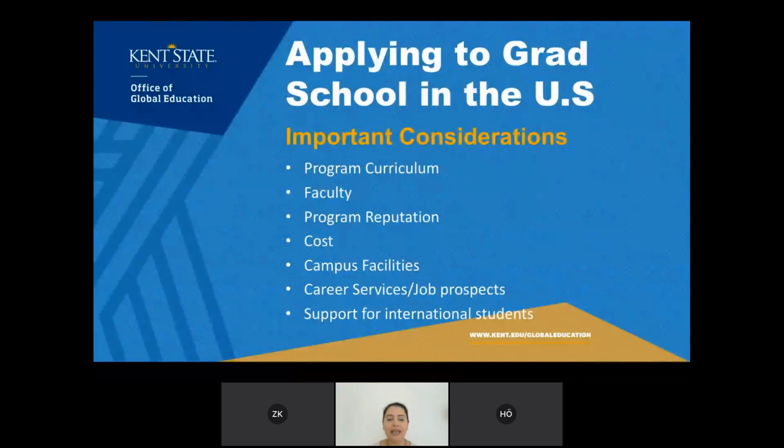Because after all, the purpose of getting a degree long-term is to open doors for your future, for your career, for research, etc. So always make sure to ask about the employment rate, and whether they provide any career fairs, any internship placements, any co-ops, and any support after graduation.